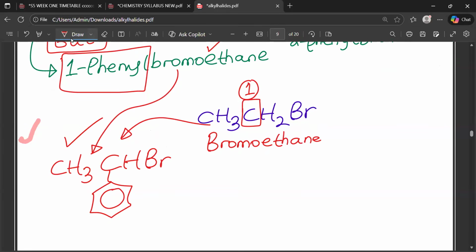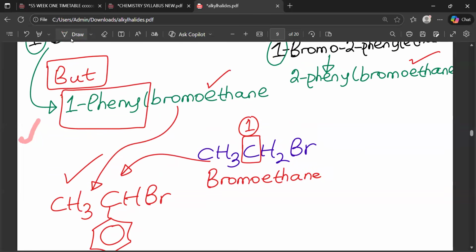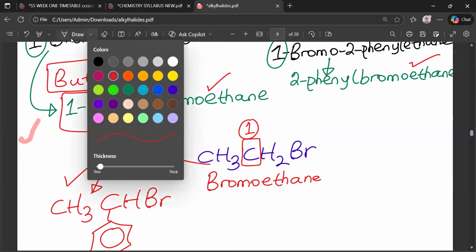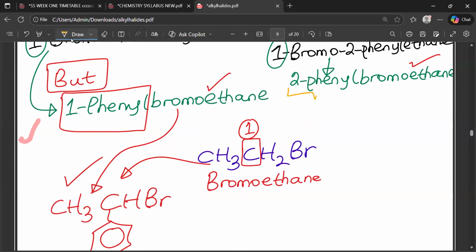Yeah, I'm listening. So when someone tells you 2-phenyl bromoethane, you ask yourself, where is my bromoethane? It is here. Where is carbon number 2? Carbon number 2 is here. This carbon is the one having the Br and my carbon number 2 is this by default.